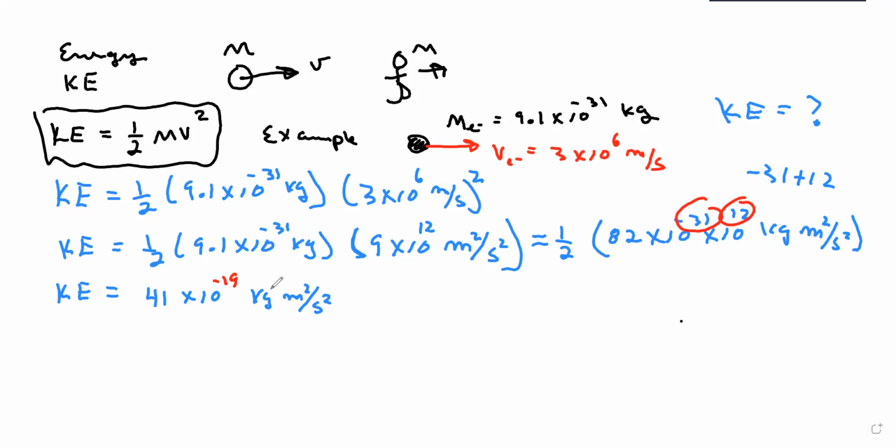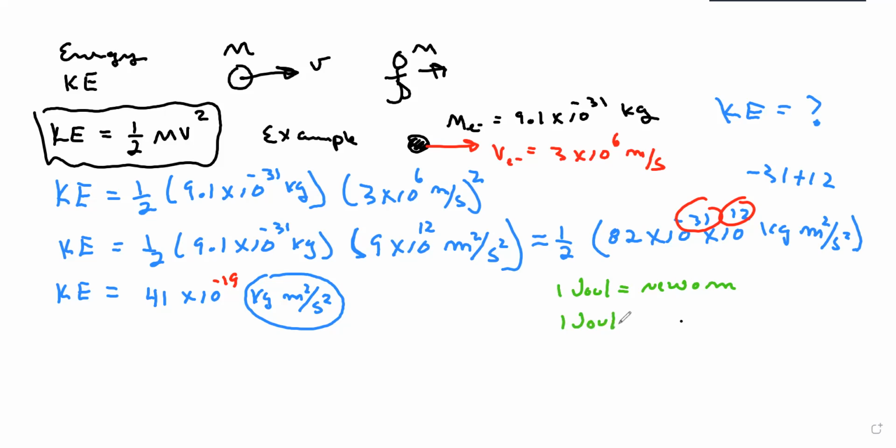But you want your units to be in joules, because the units of energy are joules. So how do we fix that? Well, remember that 1 joule is equal to Newton times meter. Newton times meter gives you the joule.